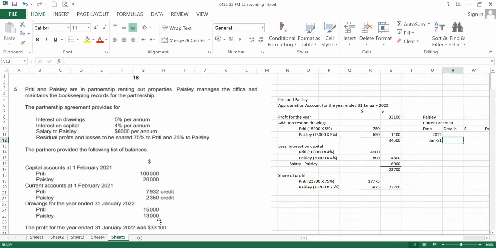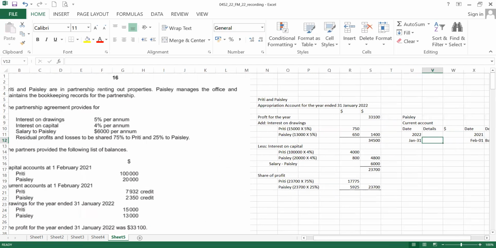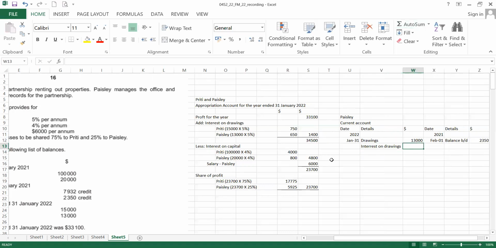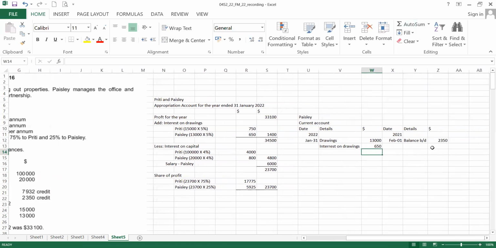Drawing amount for Parsley is 13,000. So drawing 13,000, and then interest on drawing. Interest on drawing is 650.